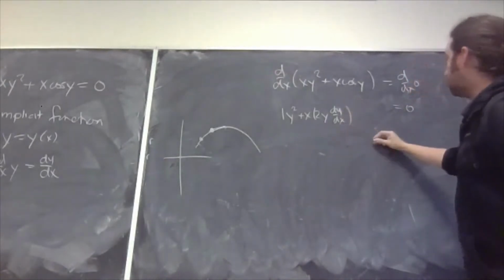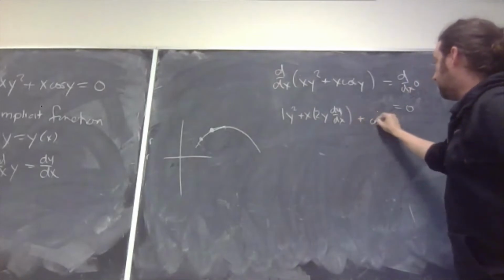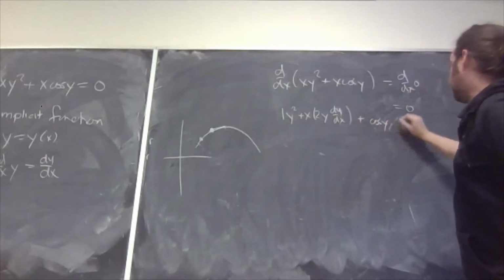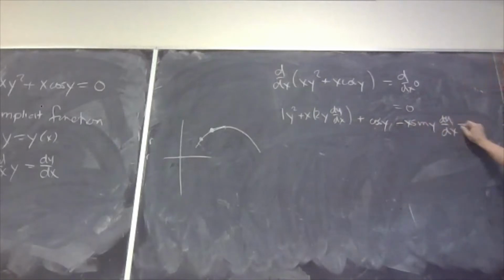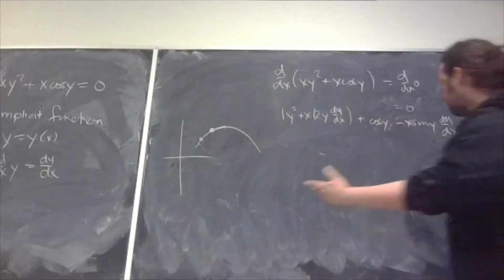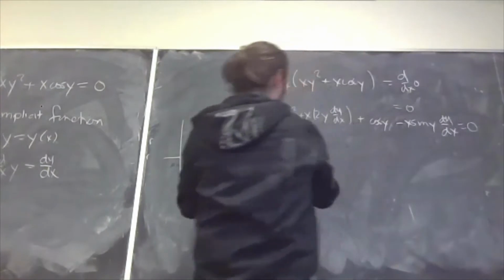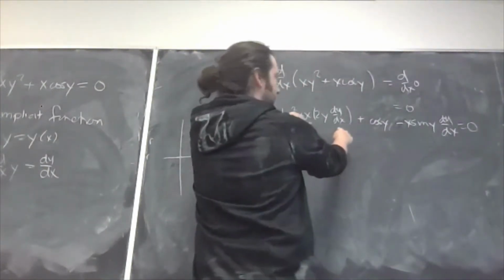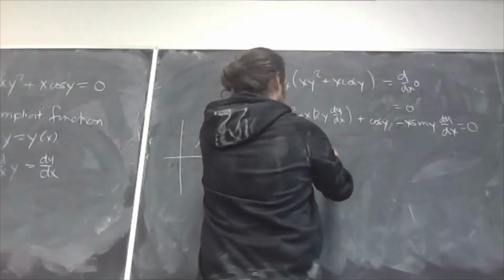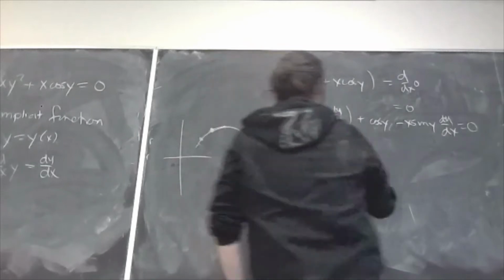If you keep going with this, cosine y minus x sine y dy dx is equal to 0, again by the chain rule. So you use the product rule here and the chain rule here. What you end up with is 2xy inside of the dy dx, and then you also have a minus x sine y.